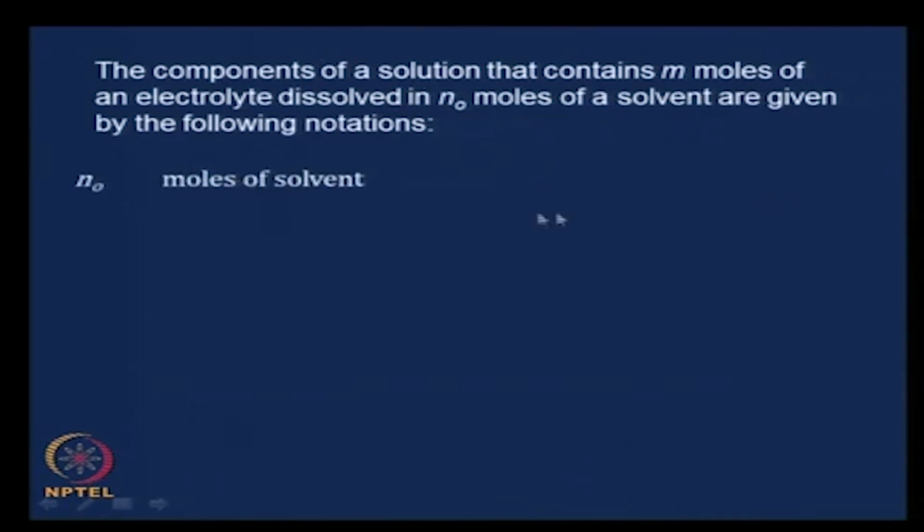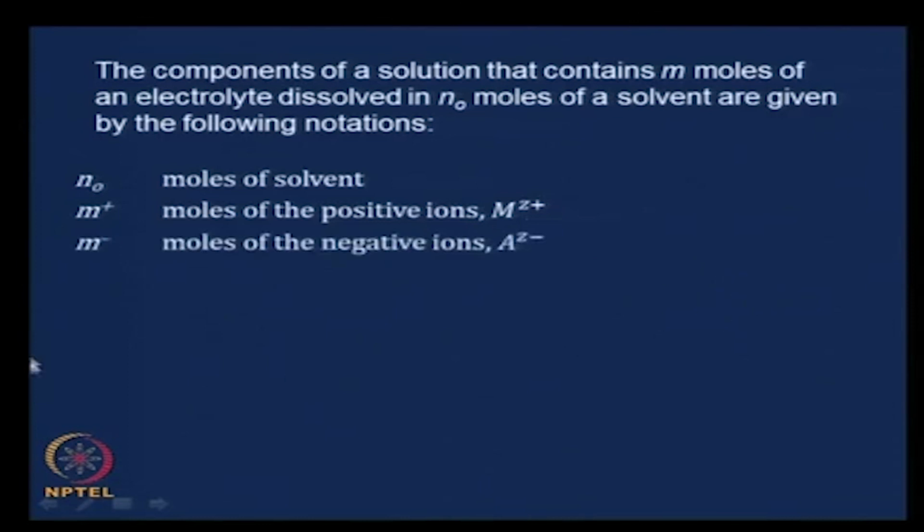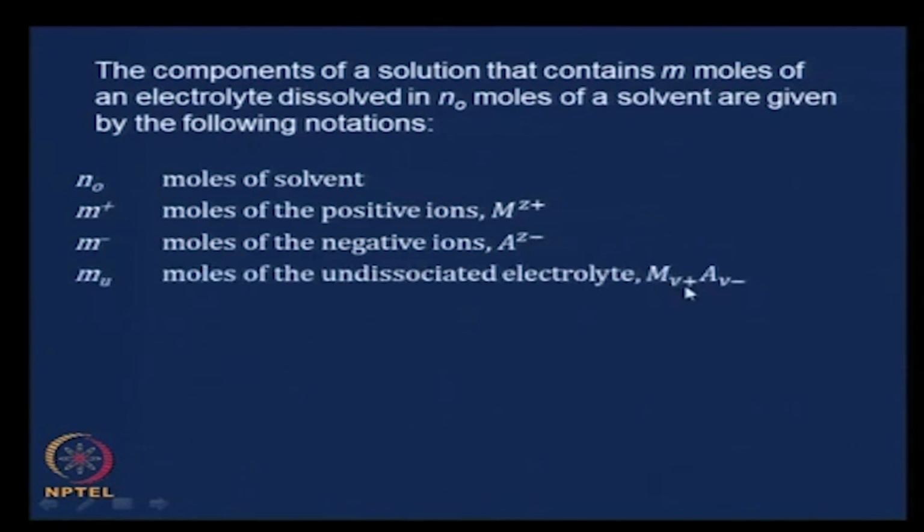If that is so, then the notation is N0 is the moles of the solvent, as given here. M plus is taken to represent the moles of the positive ions M^Z plus, M minus is taken to represent the moles of the negative ions A^Z minus, and Mu is the moles of the undissociated electrolyte M nu plus A nu minus.